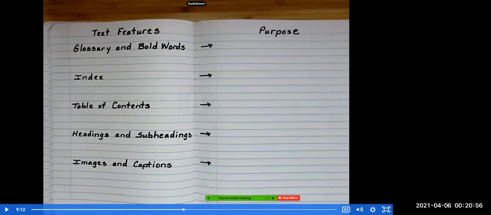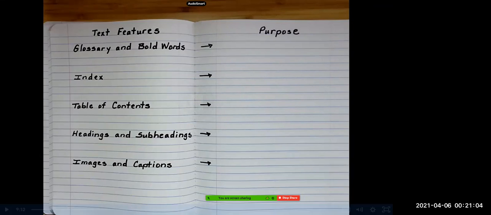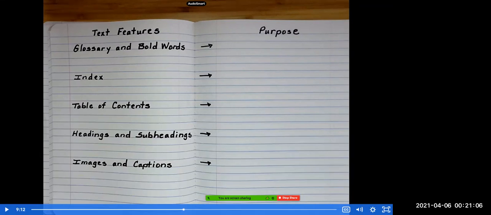Okay, so guys, Miss Isabella just went over every single section of the text features and told you the purpose. So you should have the purpose written on your page 167 for all of these text features. If you do not, you need to go rewind the video all the way back to 4:19 and listen to it again.